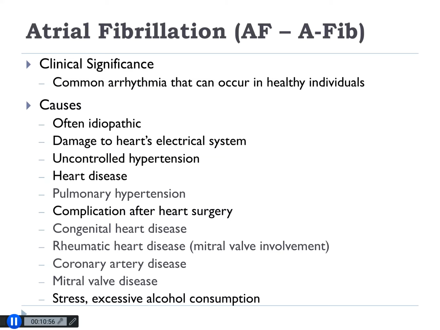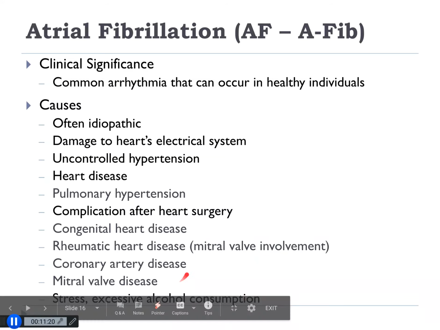So we do know that there are a few things that can increase a patient's risk for AFib. Heart disease, pulmonary hypertension. It's not uncommon to have perioperatively, kind of like a flutter. Congenital heart disease, rheumatic heart disease with mitral valve damage, CAD, and then other mitral valve diseases.